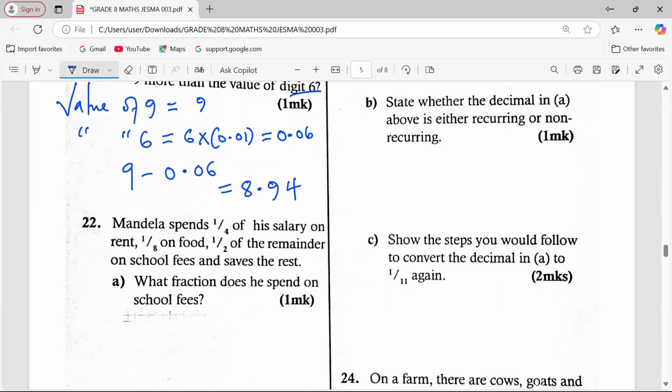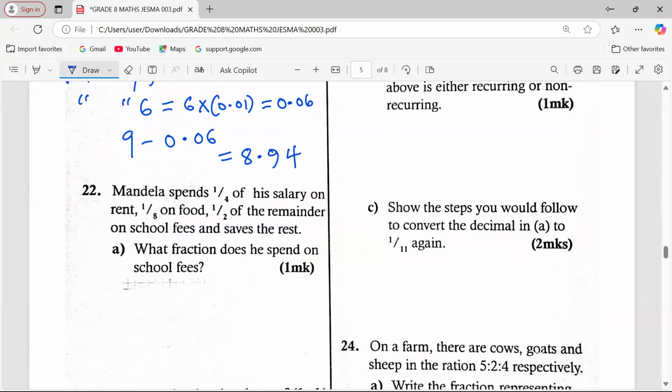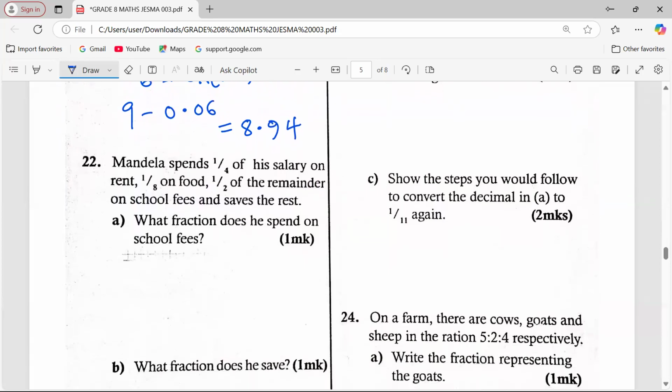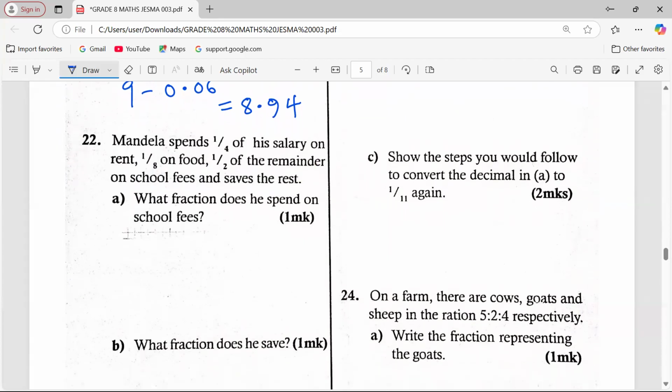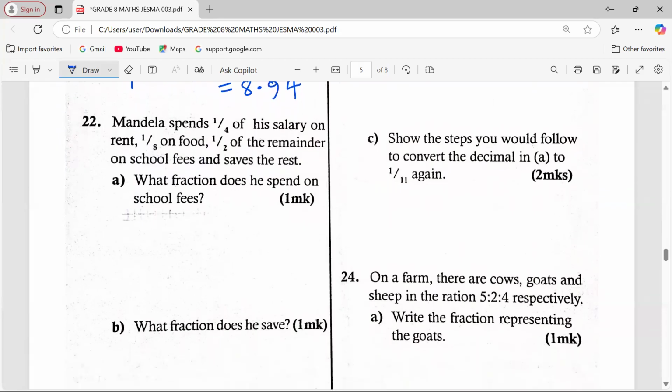In number 22, Mandela spends a quarter of his salary on rent, an eighth on food, and a half of the remainder on school fees, and saves the rest. What fraction does he spend on school fees? So there is a quarter which goes to rent, an eighth which goes to food.